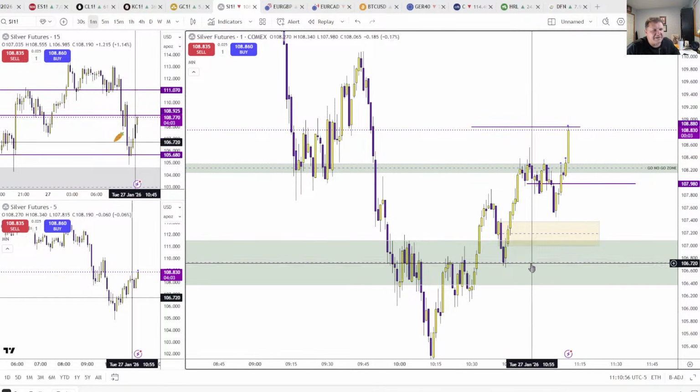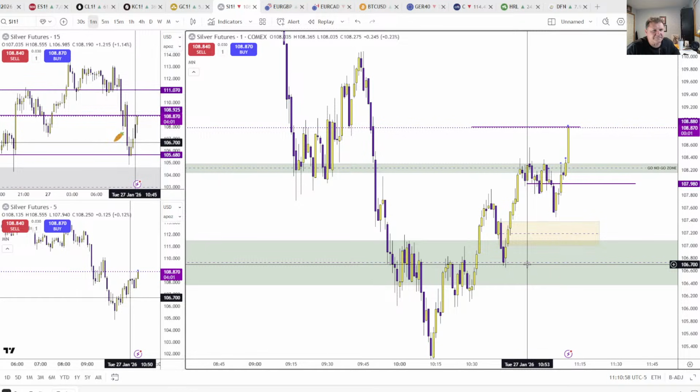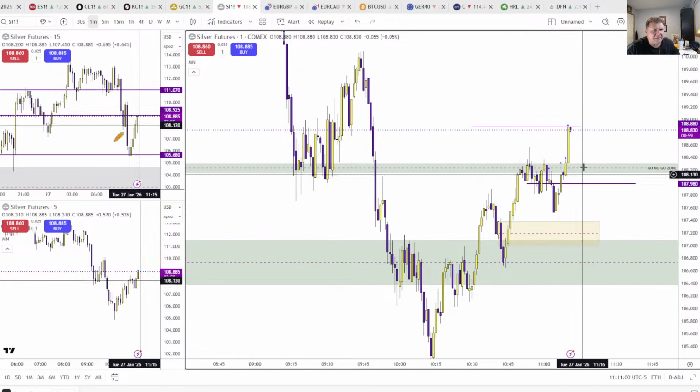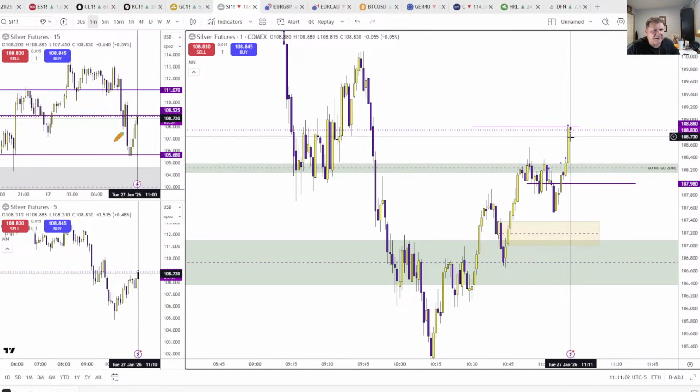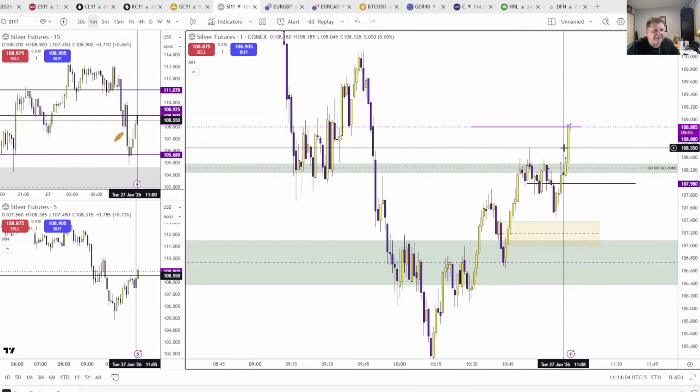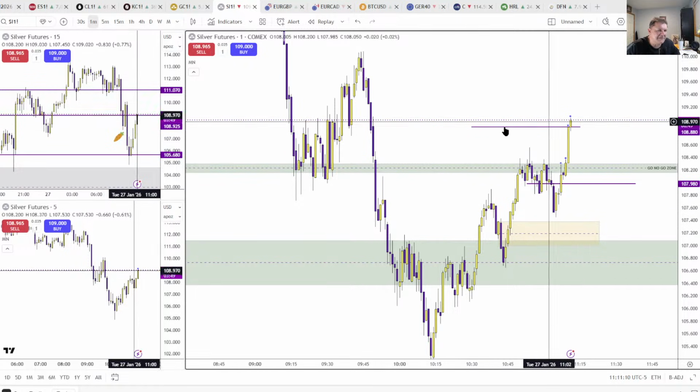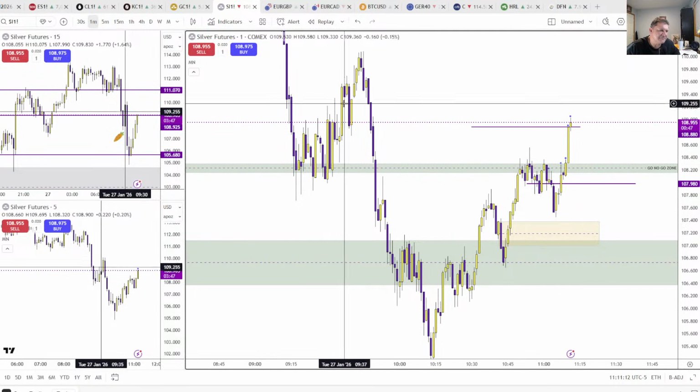Right on the beezer. Right there. Not 11. You can send it all the way back to here. Nope. You see how 11s can send it deeper into that range.